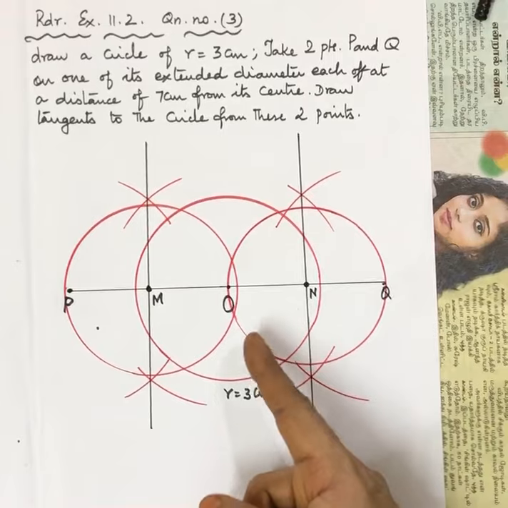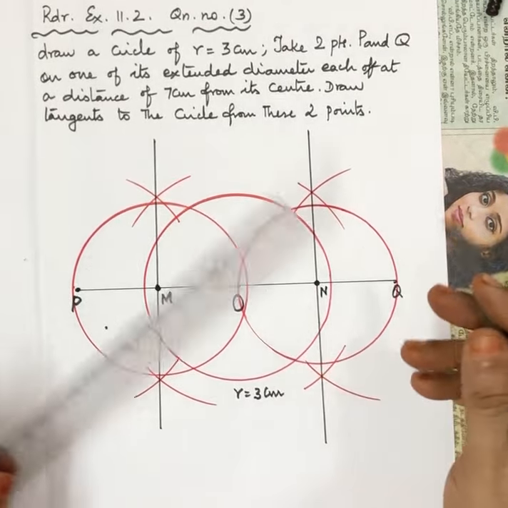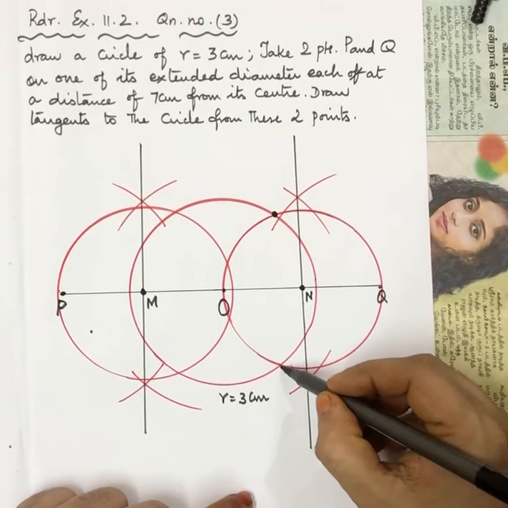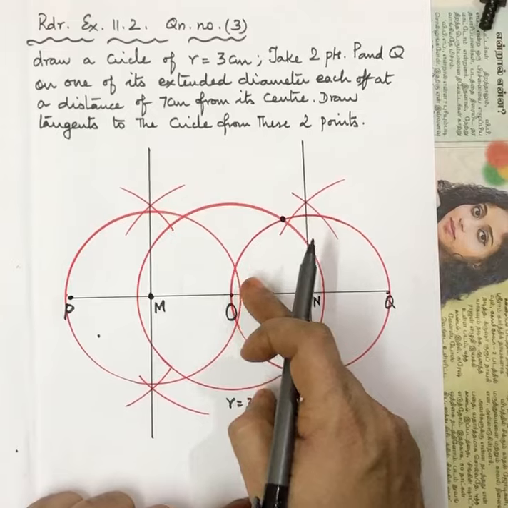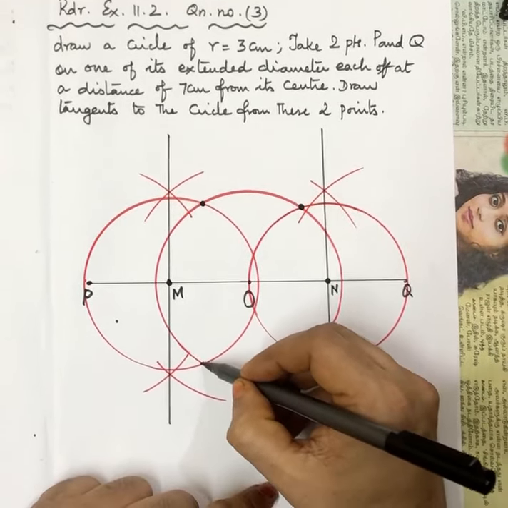Okay, this is not exact, some little difference is there. Okay, so these 2 circles touch at 2 places. Same way this one and this one meet at 2 places.